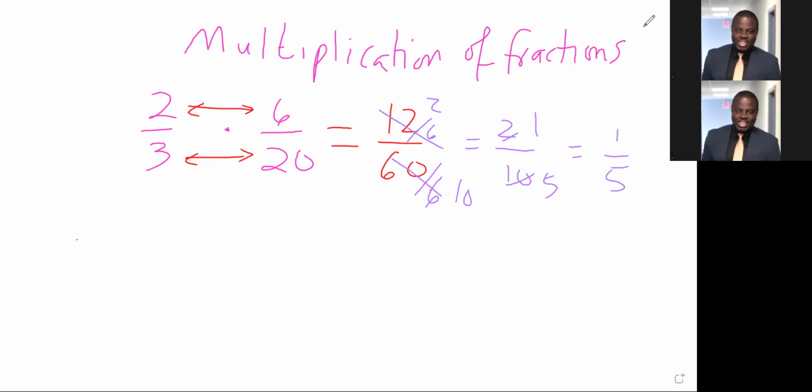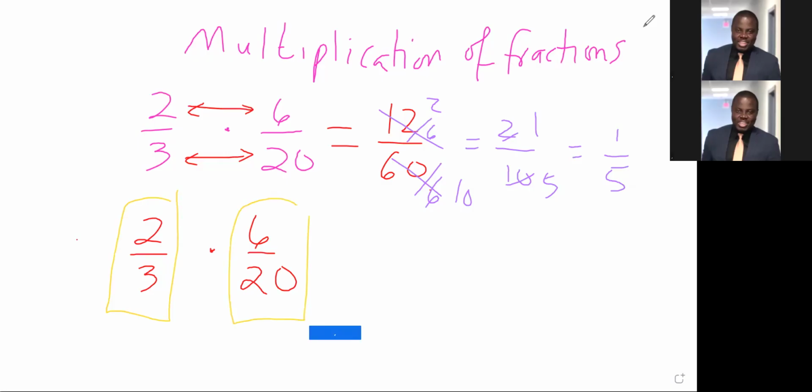Now, sometimes it is also good to see through the problem and try to simplify the fractions some more before you multiply across. Like with this problem, first of all, I'm going to look at the fractions separately. I'm going to look at 2/3. Can I reduce it? Nope.